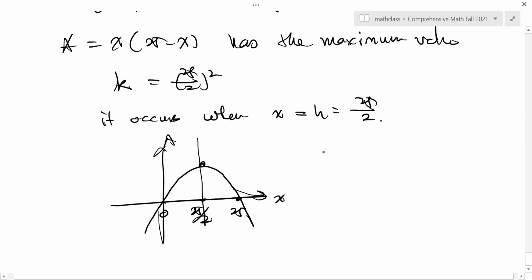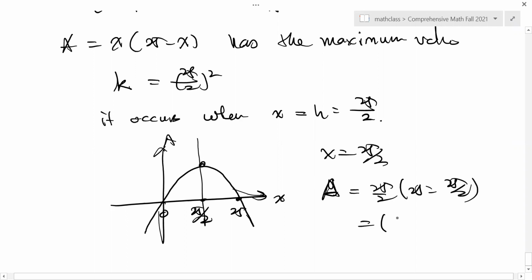So what is the y value when x equals 25/2? It's 25/2 times (25 minus 25/2), which is (25/2) squared. So this is the highest point on the graph, and that is an absolute maximum value.